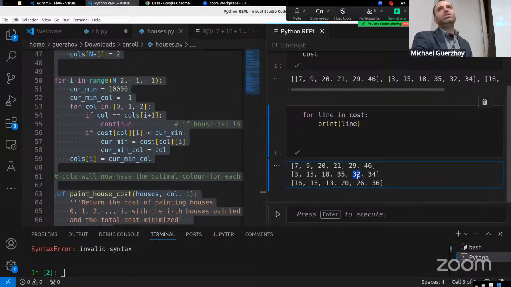If this happens to be the index that's not allowed because I already picked this guy, then skip. Otherwise, just find whether this one is smaller or that one is smaller. So by the end of running this piece of code, per_min is going to be the location of the smaller entry in this column. So this would be 26. And the color is going to be 2, so the actual location.